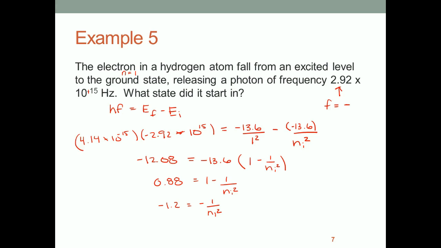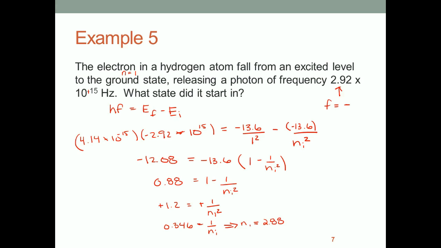Okay. I'm going to get rid of the negative signs because I have negative signs on both sides, so they cancel. We can make them positive. I'm now going to take the square root. The square root of 0.12 is 0.346, and that equals 1 over n initial, which means n initial has to be something like 2.88.